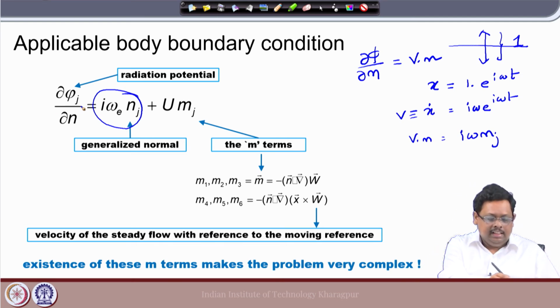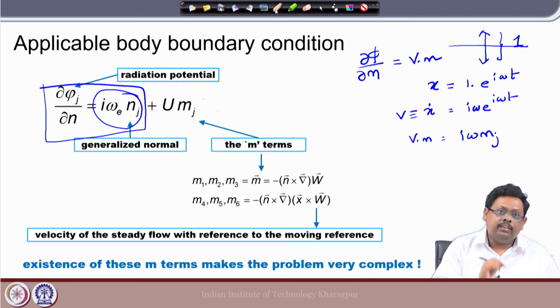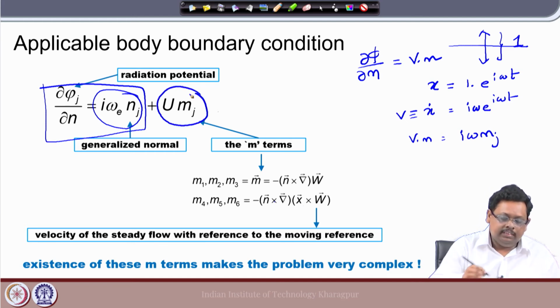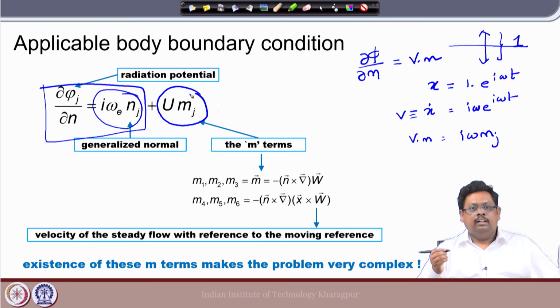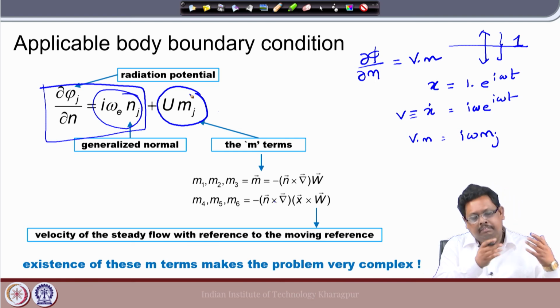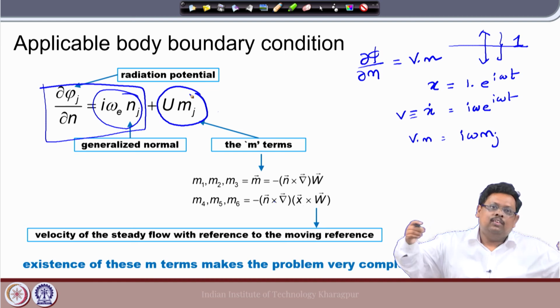This is fine till this point. Now, for the forward speed problem we have one more additional term, which is U into m j. It is a very classical term, the so-called m terms, and it is very popular, people are using it.